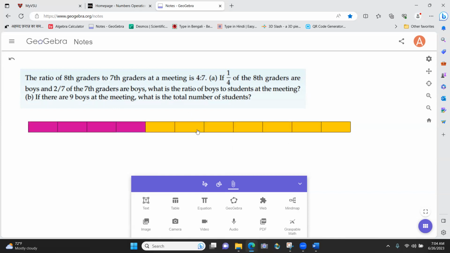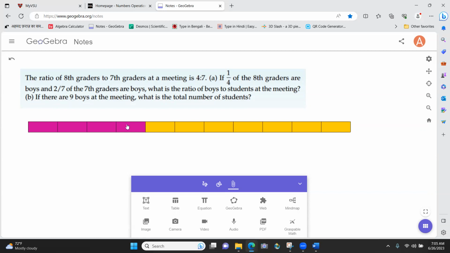All right, once again, keep that straight. Eighth graders represent the 4 equal parts of the class. And the seventh graders represent the remaining 7 equal parts if the class is divided into 7 plus 4 or 11 parts. 1/4 of the eighth graders are boys and 2/7 of the seventh graders are boys.